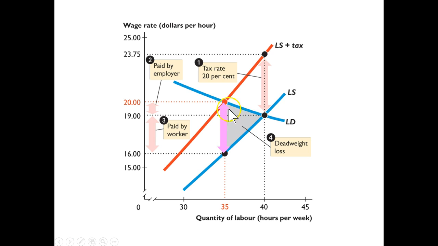The total lost area, the dead weight loss, is that triangle there, that grey triangle. So we can say the imposition of the tax on workers has resulted in a dead weight loss of economic welfare. It's inefficient in this perfectly competitive labour market.